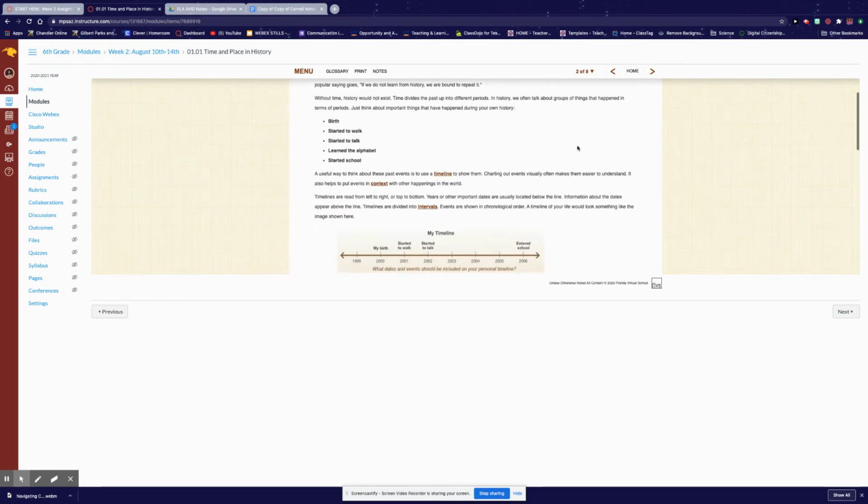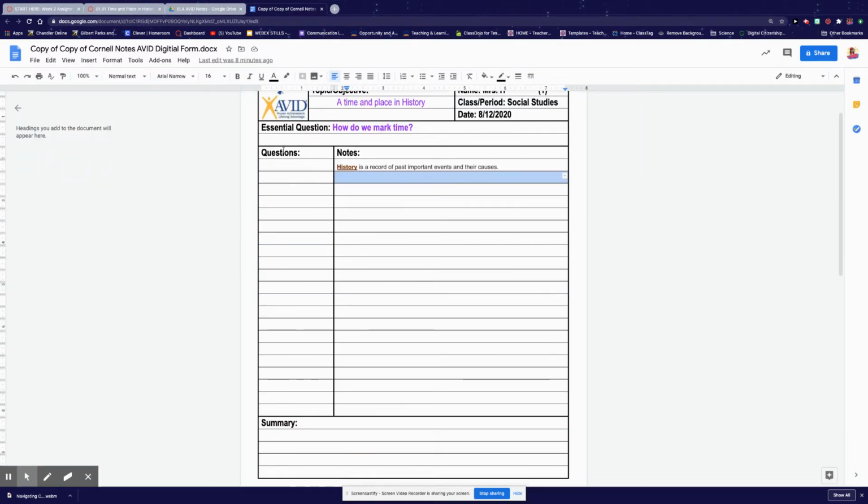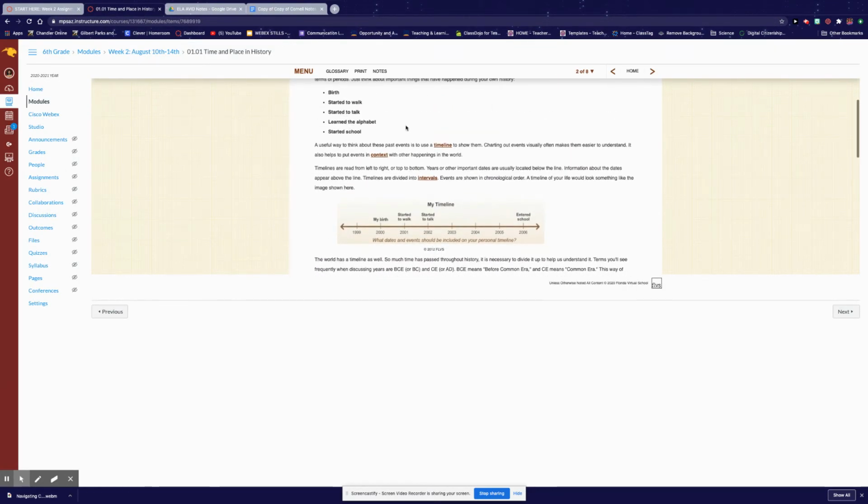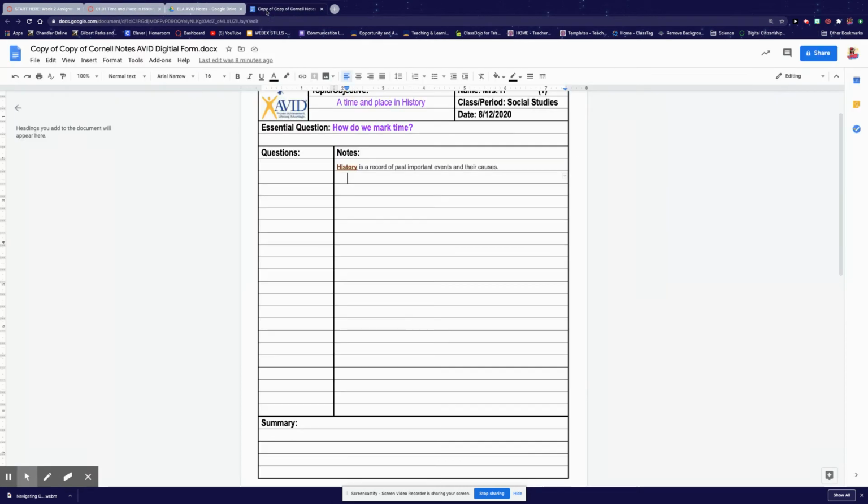So what we are going to do is in our notes, we have a history. We are then going to include a timeline and context. We are going to talk about BC and BCE. So we have chronological order, which means it goes in time order, or it's sequenced in time.